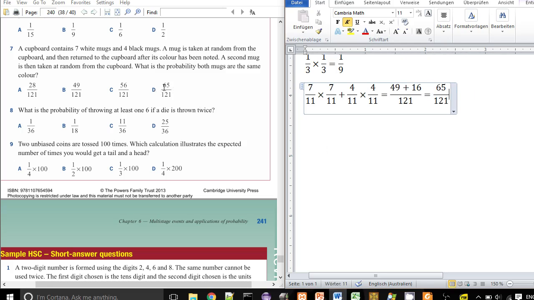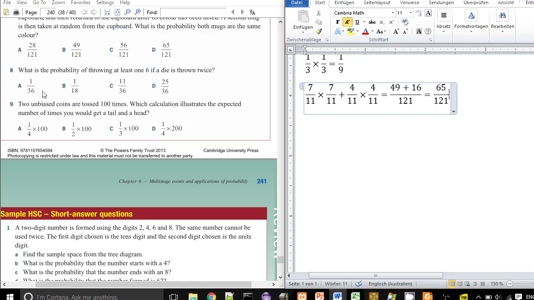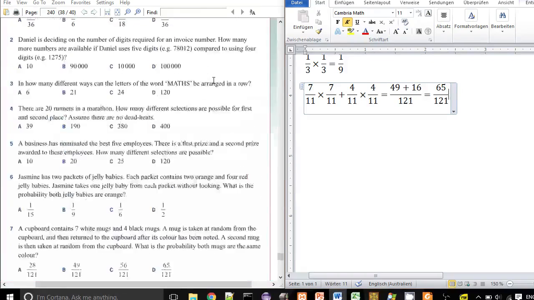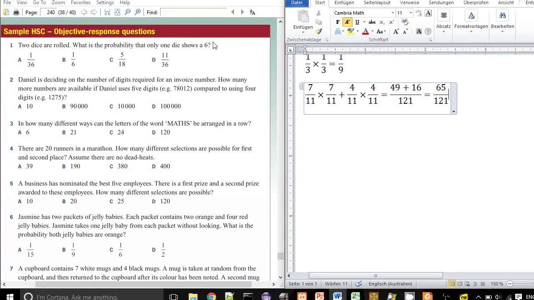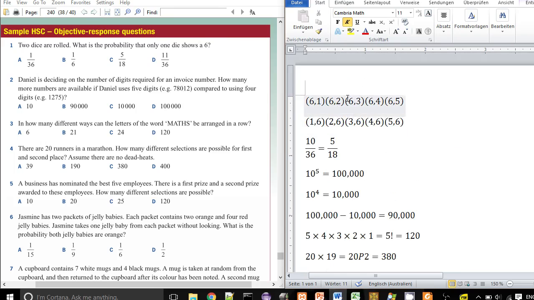So this one, D. Okay. At least one 6 if a die is thrown twice. Okay, this question is almost the same as the first one. But this is saying, what's the chance that one of them shows a 6 and the other doesn't? And there were only 10 ways, these 10.